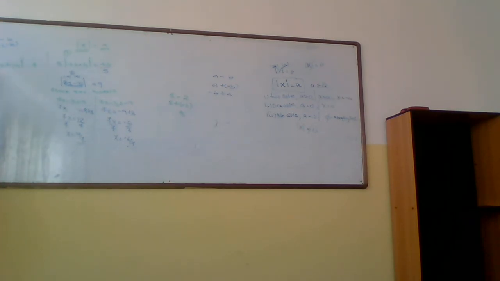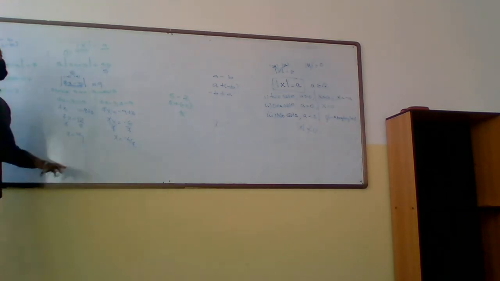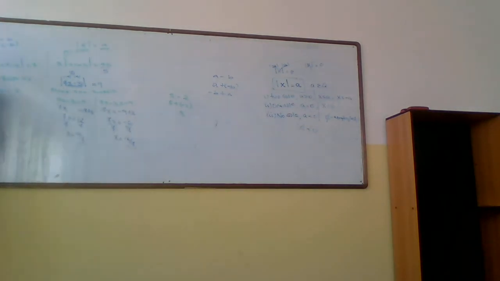What if it was addition? Both are positive. Now it's very easy. 5 plus the absolute value of 4x minus 4 is equal to 7, so the absolute value of 4x minus 4 is equal to 2. Now, since 2 is bigger than 0, it will have two solutions. What are the solutions? 4x minus 4 is equal to 2 and 4x minus 4 is equal to negative 2.